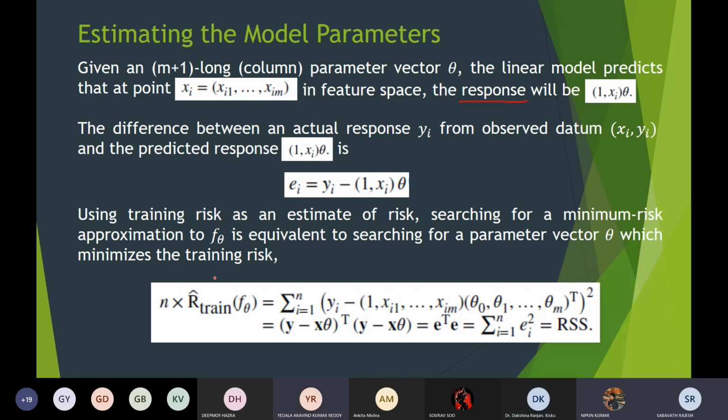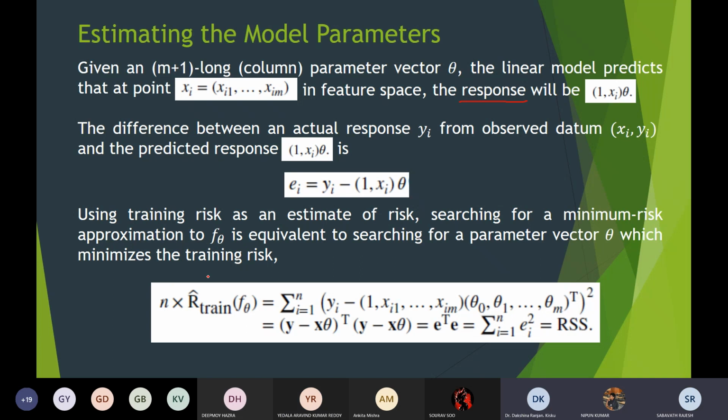Now, using the training risk as an estimate of risk, searching for a minimum risk approximation to f theta is equivalent to searching for a parameter vector theta which can minimize the training risk. After determining the loss function, we will try to minimize the training risk.